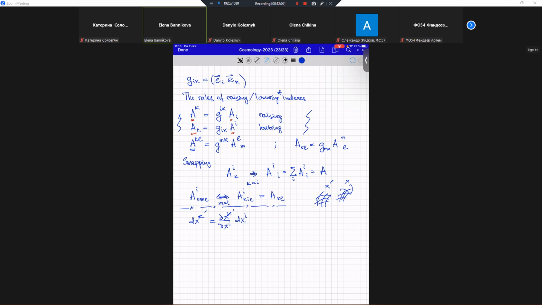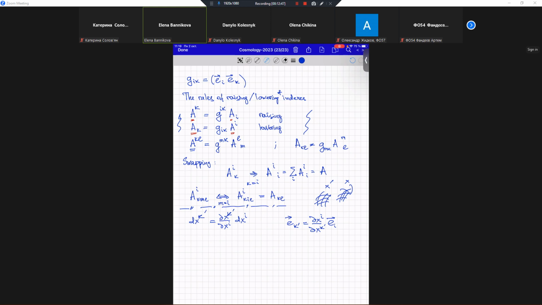By definition, the basis vectors are also transformed from one coordinate system to another. We will see an example a little bit later. So I can write e_k prime equals ∂x^i over ∂x^k prime times e_i.